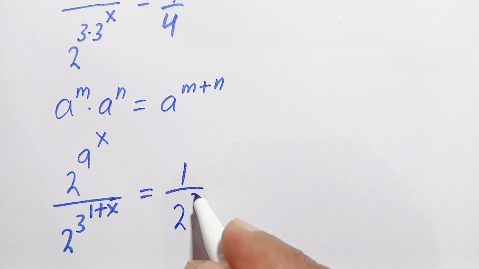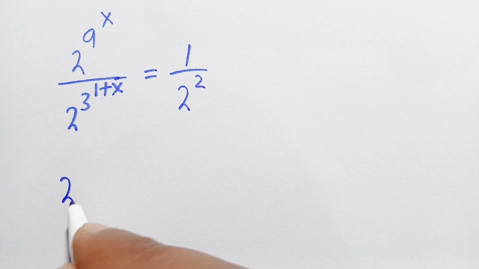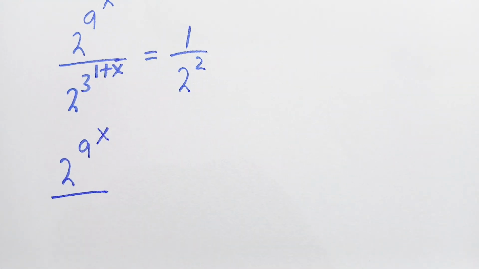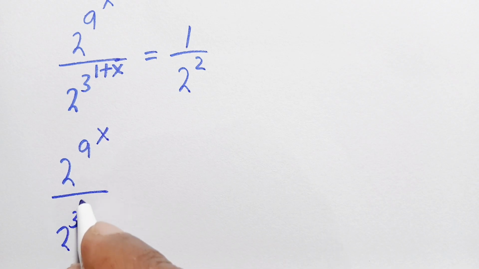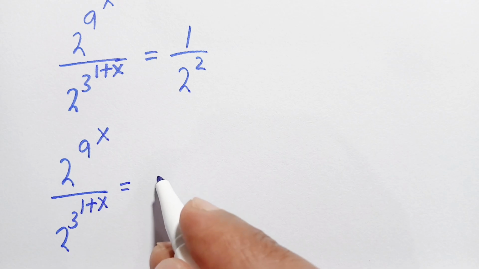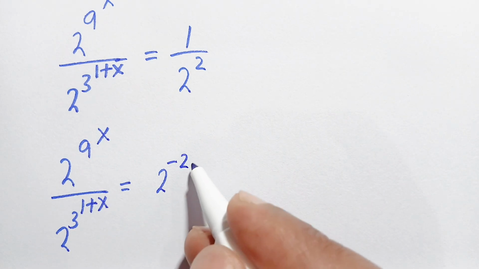which is 2 square. Also 2^(9^x) over 2^(3^(1+x)) is equal to, we can write this as 2^(-2).